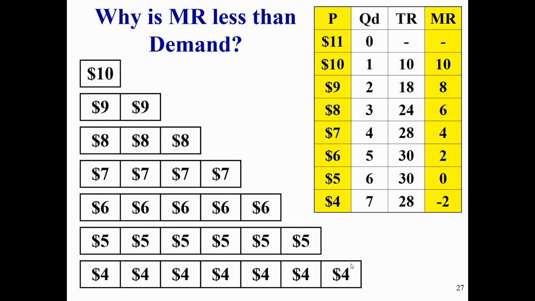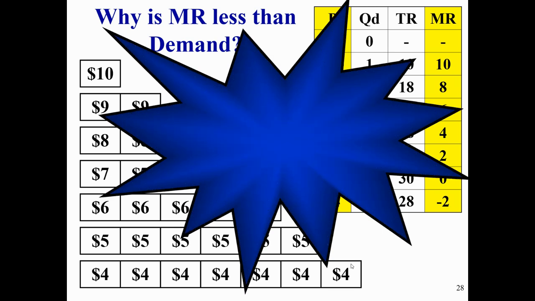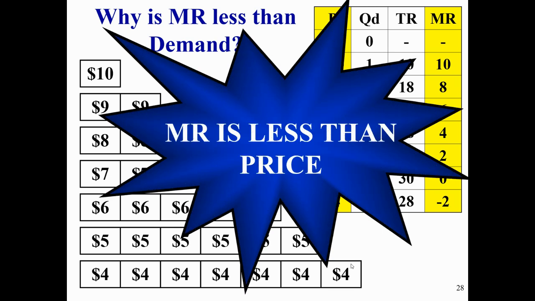Except for, of course, 11, where I have 0 quantity demanded, and 10, where the price is the same as the marginal revenue, for all the others the marginal revenue is less than the price. So bang, the marginal revenue is less than the price. Oh my god, that's amazing.